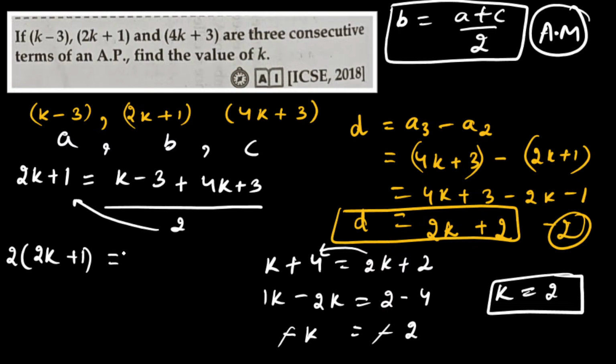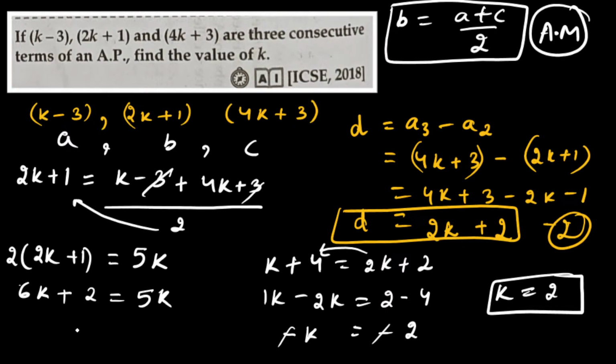K plus 4K is 5K. 3 and 3 will get cancelled.